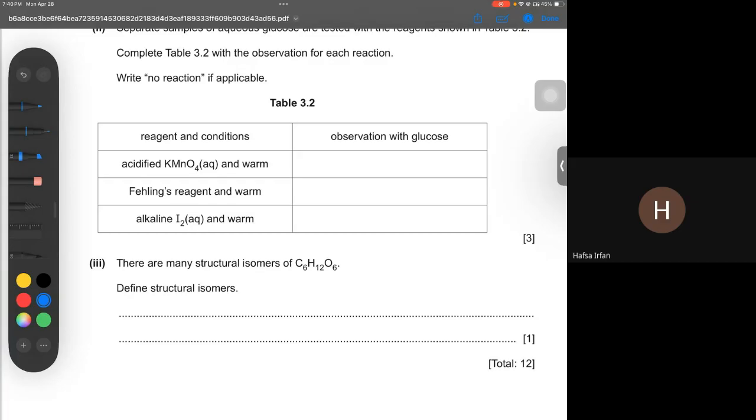So the KMnO4 would be changing its color from purple to colorless.